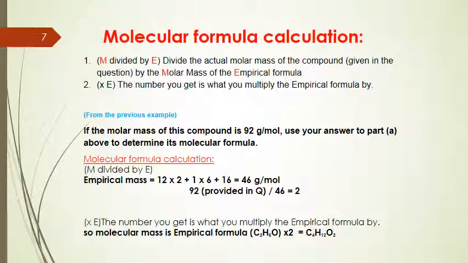So C2 becomes C4, H6 becomes H12, and oxygen becomes O2, because you have 1 times 2 becomes 2. So the molecular formula from the empirical formula you've just been given is C4H12O2.